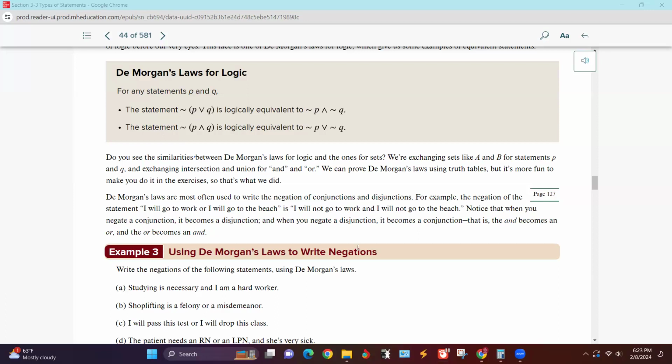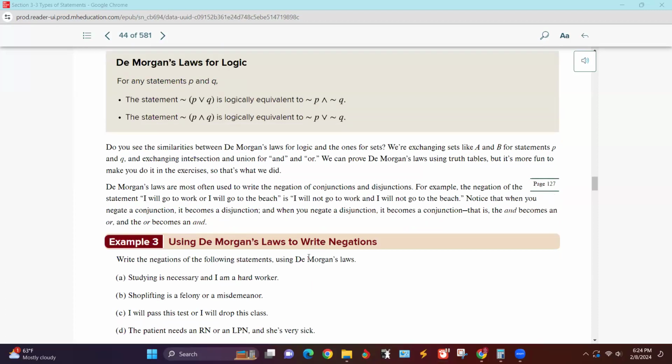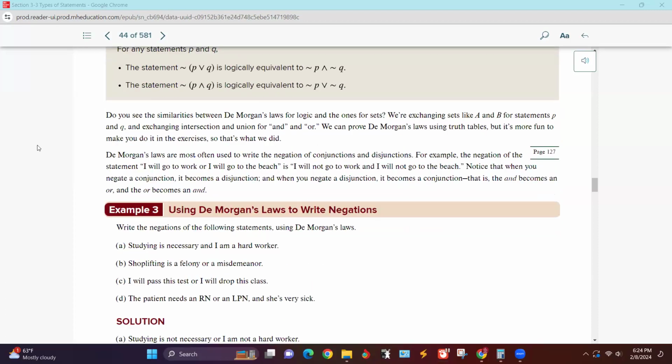Let's see if we can do a negation here too. All right. So this right here, studying is necessary, is our P. Well, let that be the P. This is the and, and then this is the Q. All right. P is studying is necessary, and Q is I am a hard worker. And is our operator. Now we're going to go up here, and you see that part inside of there?